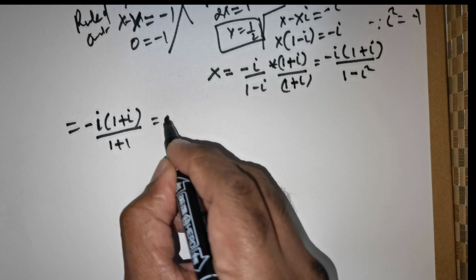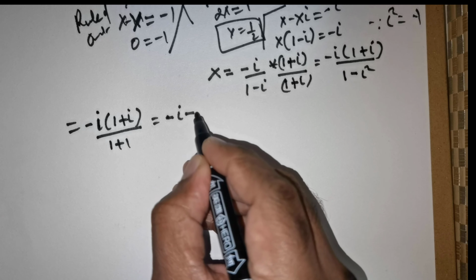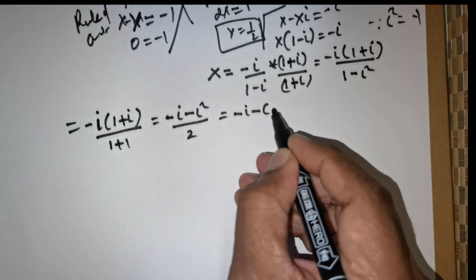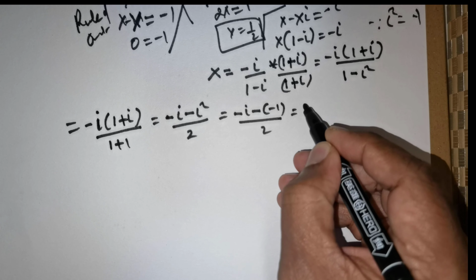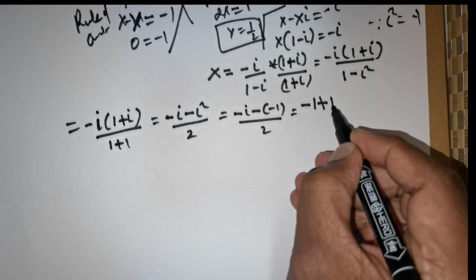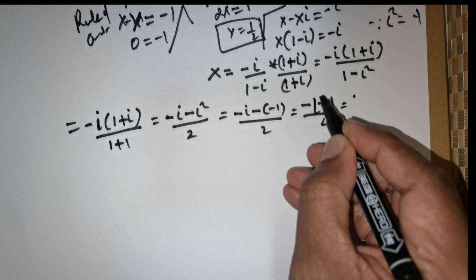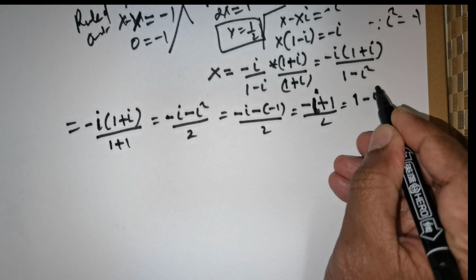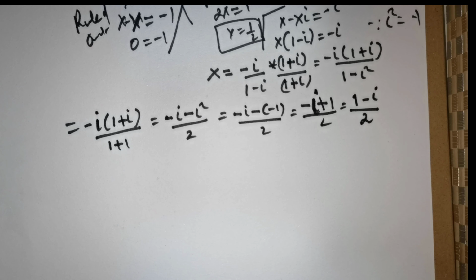If we distribute this, this is going to be -i - i squared divided by 2, which is -i, negative of -1 divided by 2, which is -i + 1 divided by 2. So I can write this as (1 - i)/2. So that is a value for x.